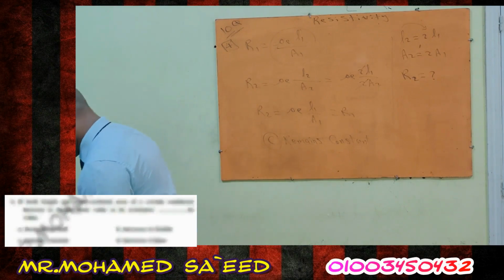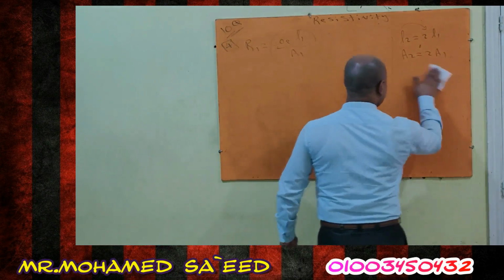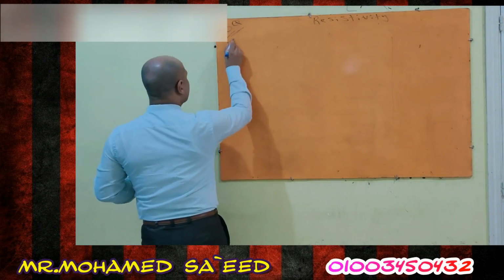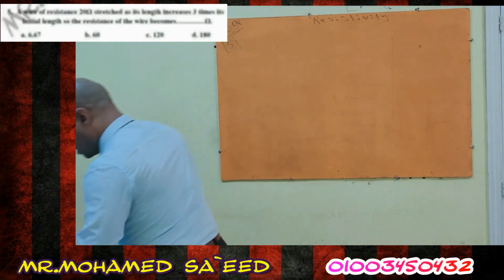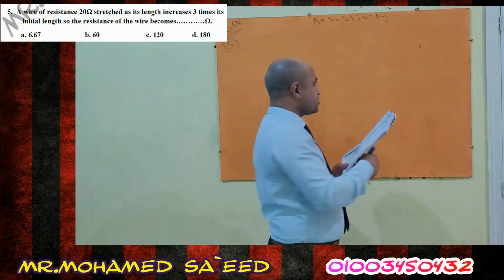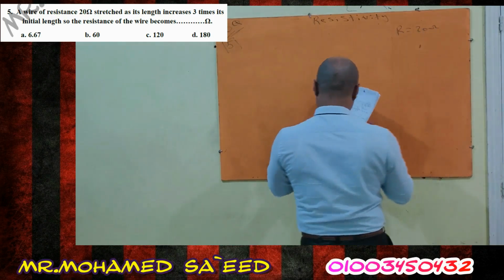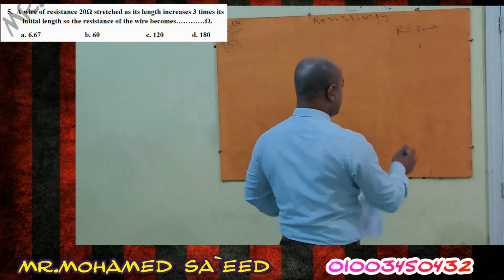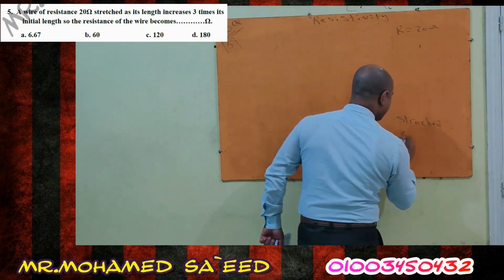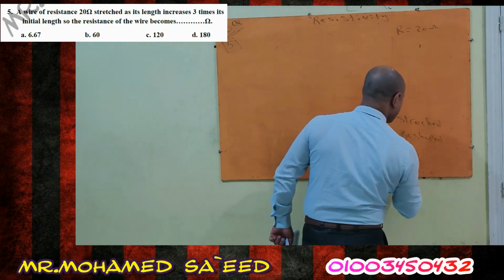Okay, another question. Question number 5 says that a wire of resistance 20 ohms is stretched or reshaped or compressed.